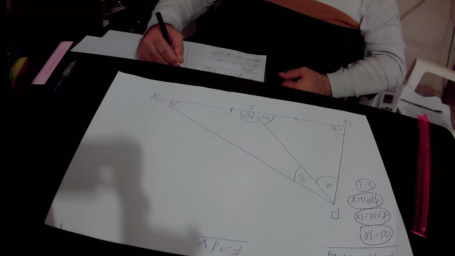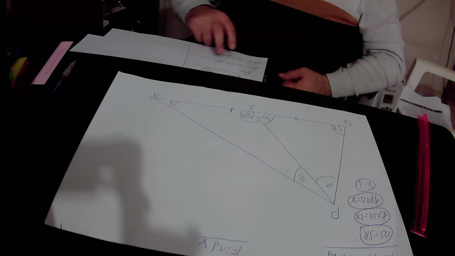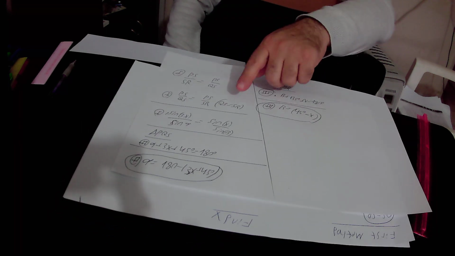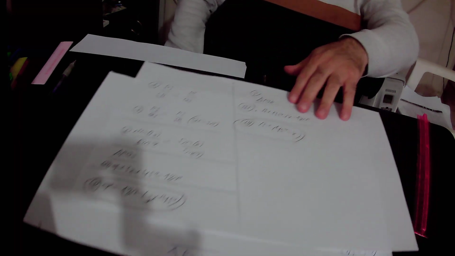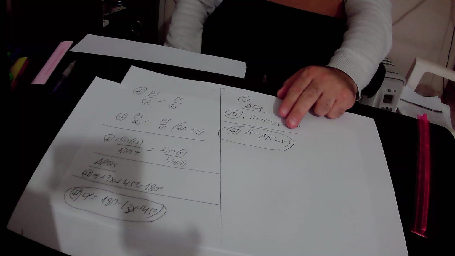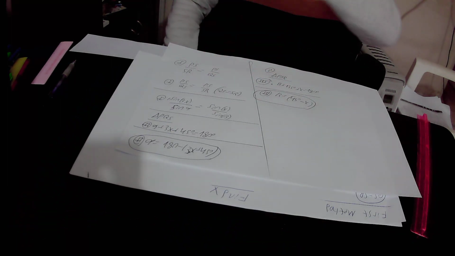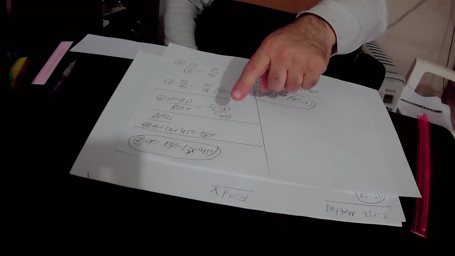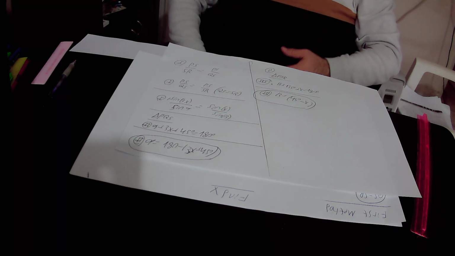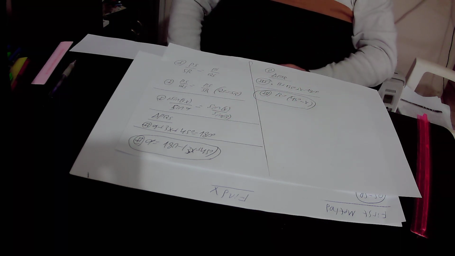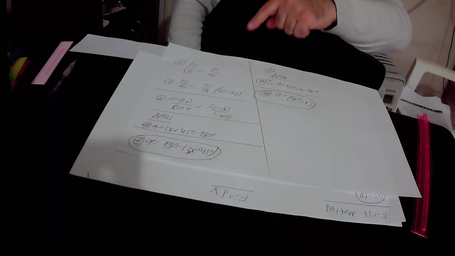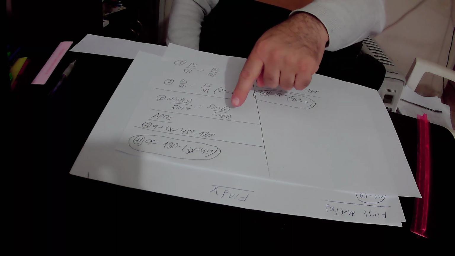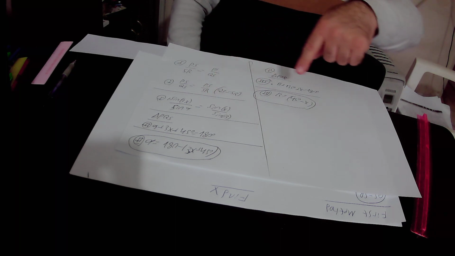So we found out that according to equation number 3, angle beta equals 45 degrees minus x, and we also found out that angle alpha equals 180 degrees minus (3x plus 45 degrees).